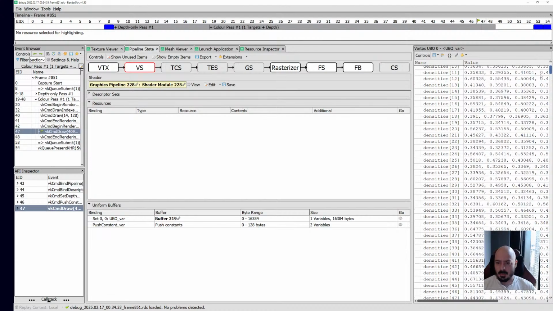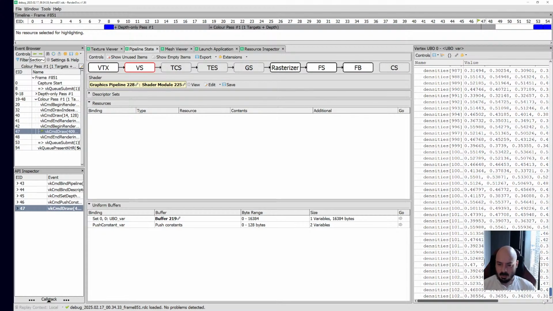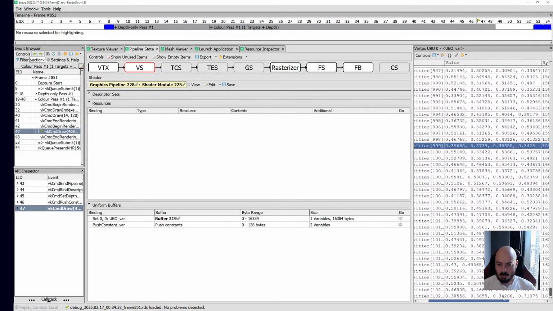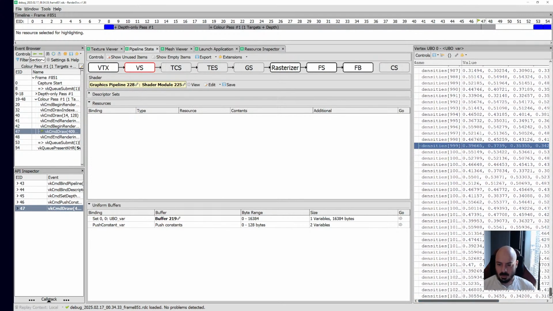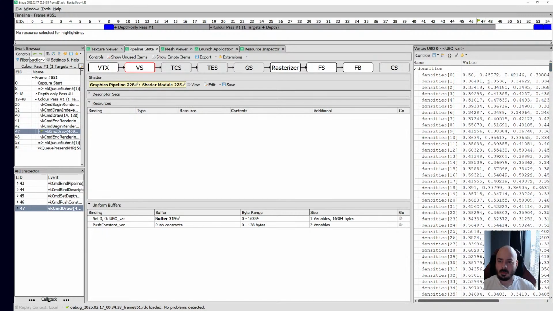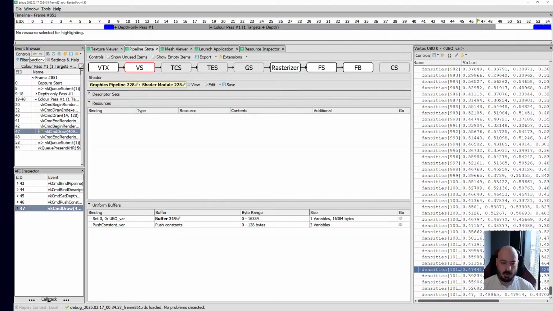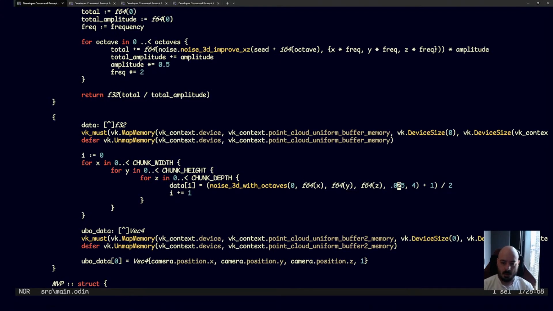Is anything above 0.5? Yeah, 0.6. Okay, good. Yeah, the normalization is working as expected, I believe. That's cool. So, I could probably even reduce this a bit further.